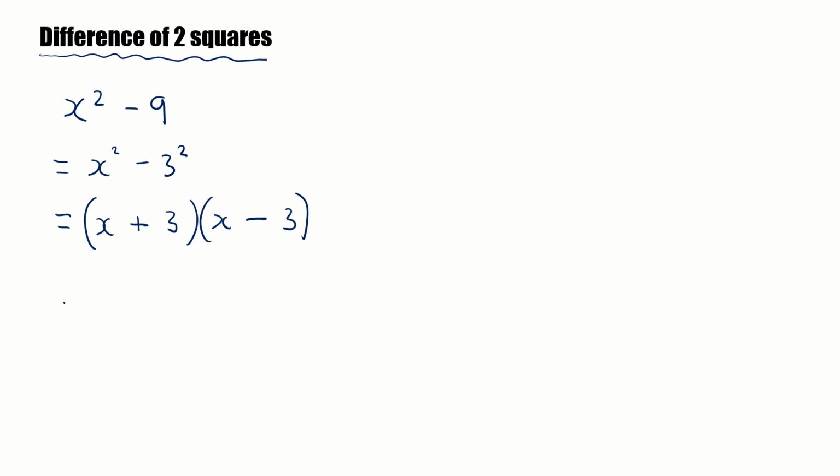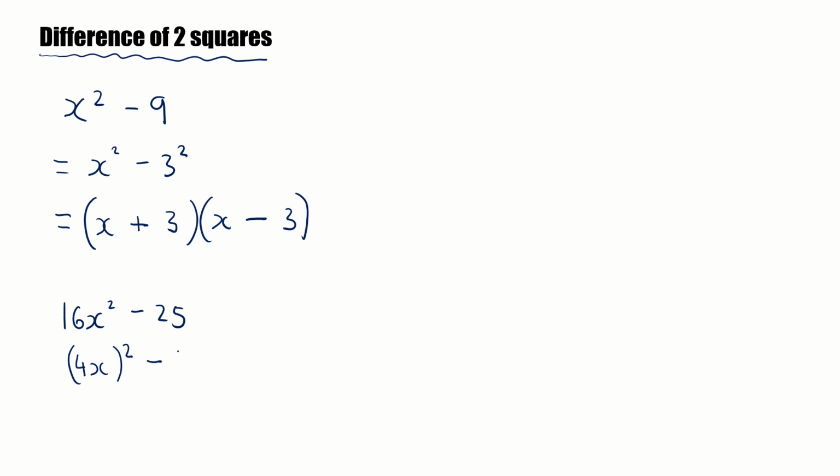So that'll even happen on situations where the x squared bit's a bit more complicated. Let's say you had a 16x squared minus 25. Well, in that case, you realize that the first thing is secretly 4x all squared, because 4 squared is 16 and x squared is x squared. So therefore 4x all squared is 16x squared.